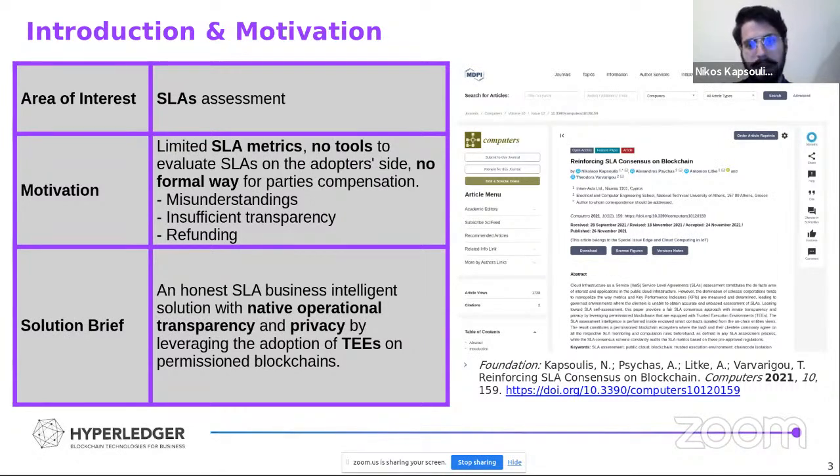To note, the conceptualization of this work came through a cited publication with my team, and through this we came to extend it and bring this idea into fruition through the white paper that we are presenting today.